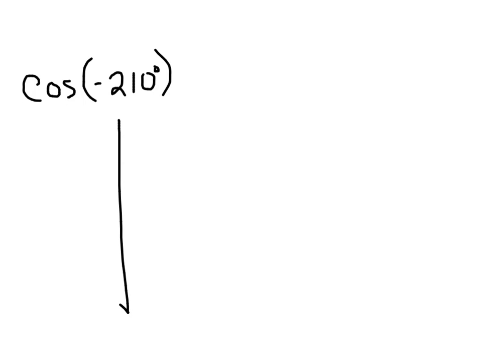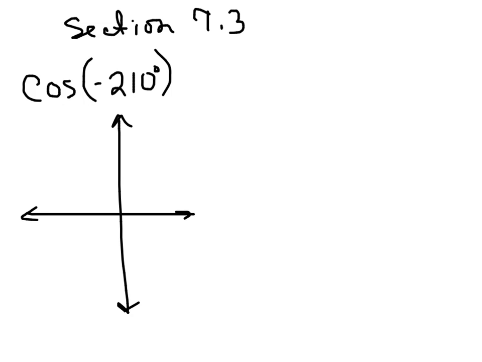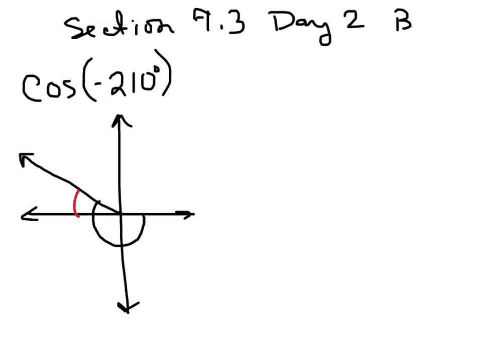So again, first thing I'm going to do is draw negative 210. So back 180, all the way to there. My reference angle this time, if I take 210 minus 180, I get 30.